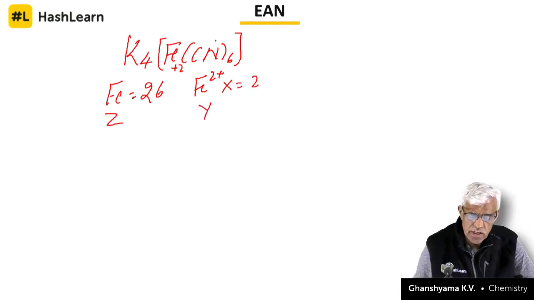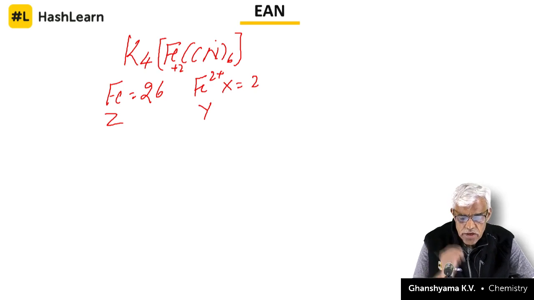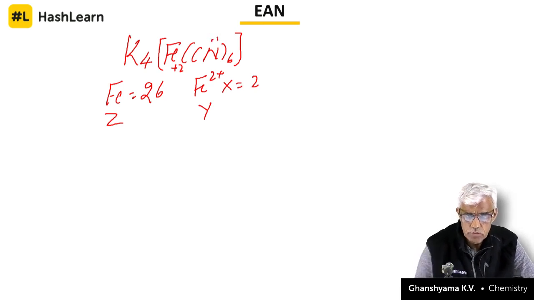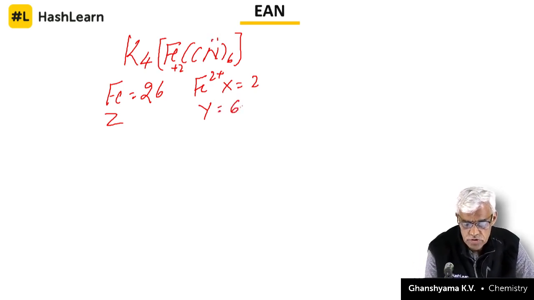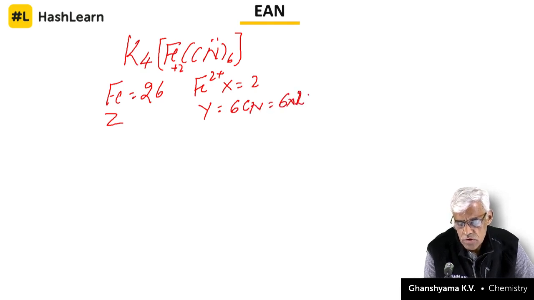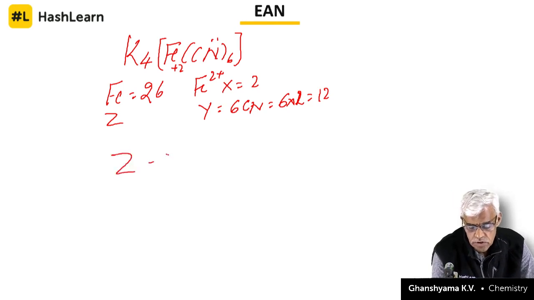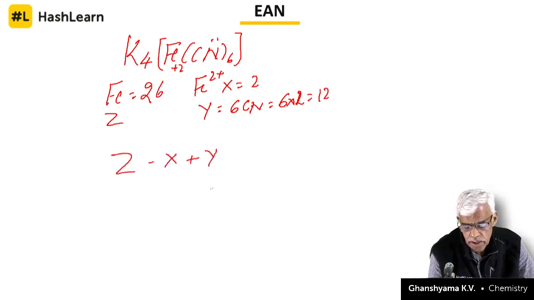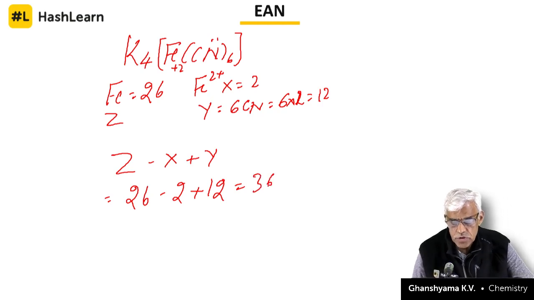For Y, there are 6 cyanide ligands, each cyanide will give a lone pair, so 6 into 2, 12, this is Y. Therefore Z minus X plus Y is equal to 26 minus 2 plus 12, which is 36.